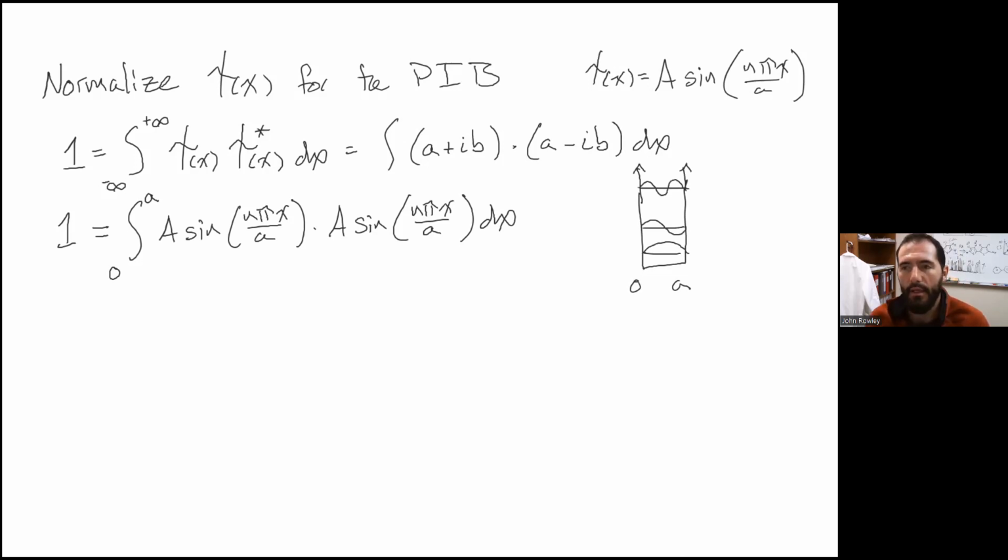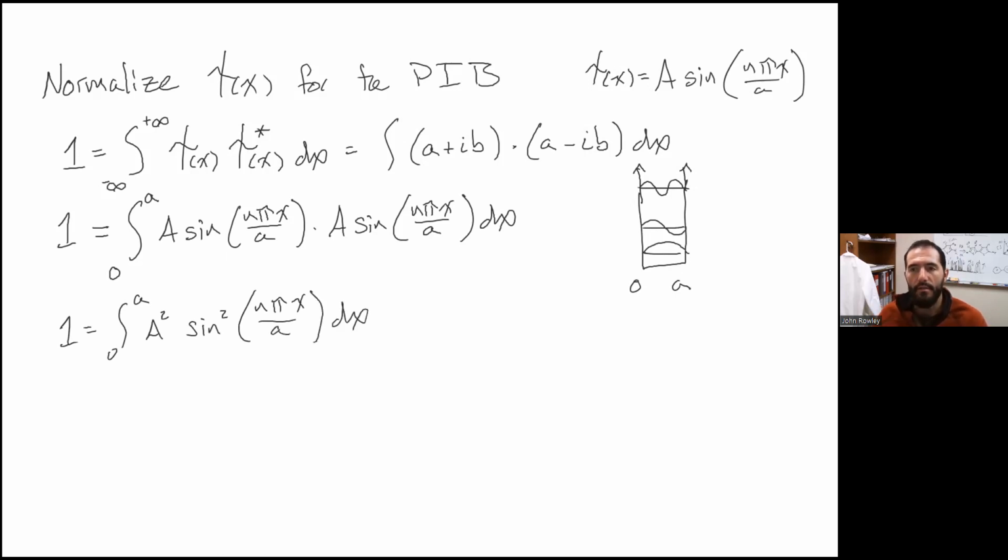We really need to only integrate from 0 to a. I'm going to rewrite this equation one more time to simplify it, or combine terms, I guess. That would be A squared sine squared of n pi x over a dx.